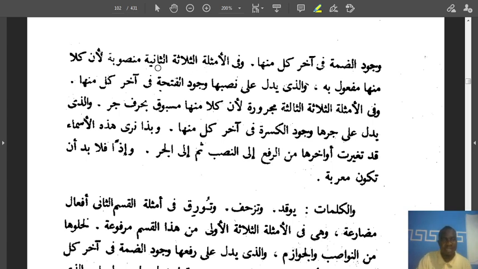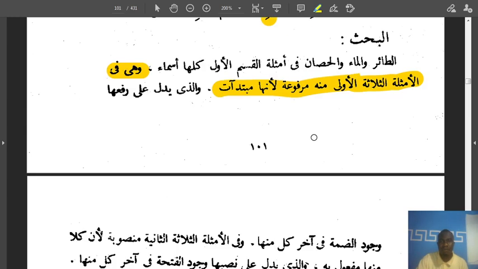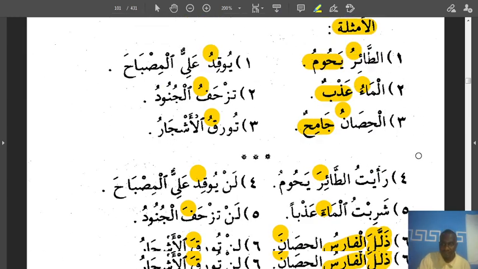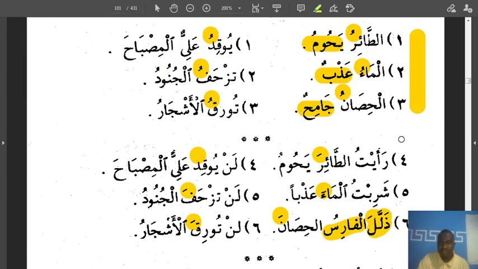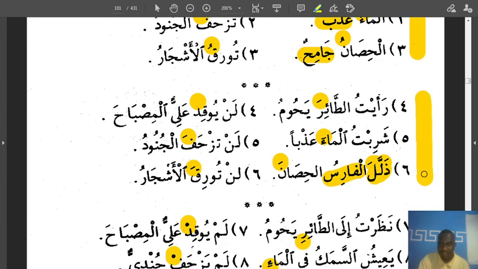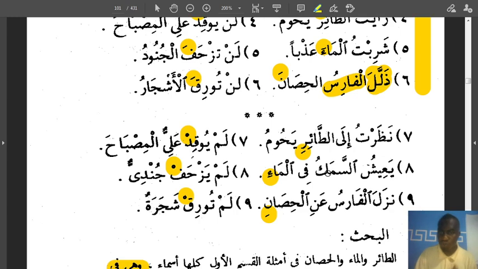وفي الأمثلة الثلاثة الثانية منصوبة. In the second three examples, this is the first, and then you have this, the second. Now in this second, you realize that they are mansub, they are having fatha. When the word ends with fatha, we say it is mansub.